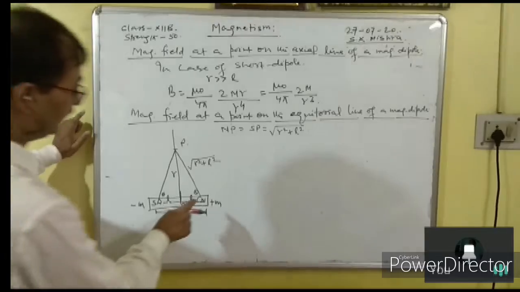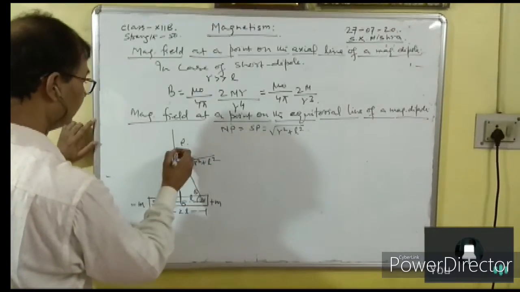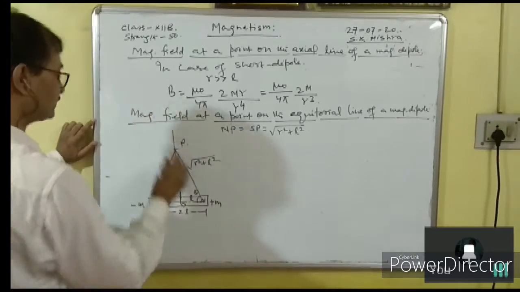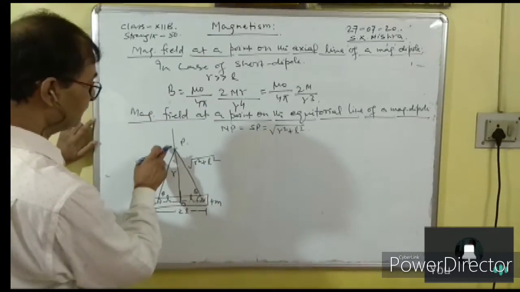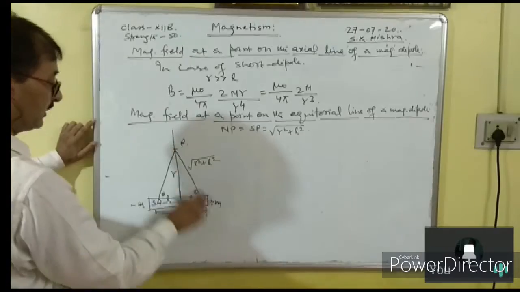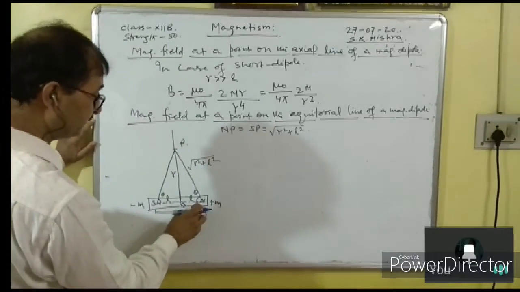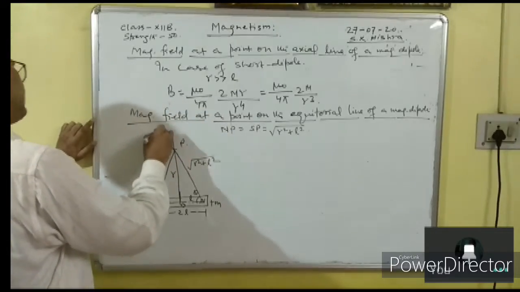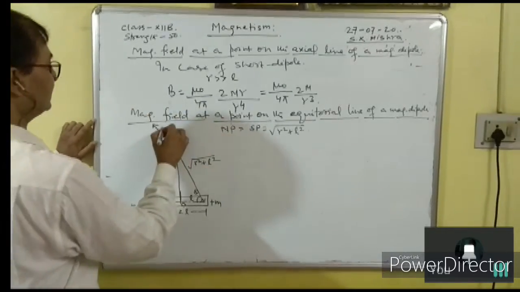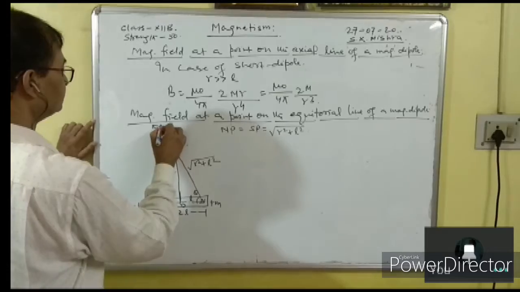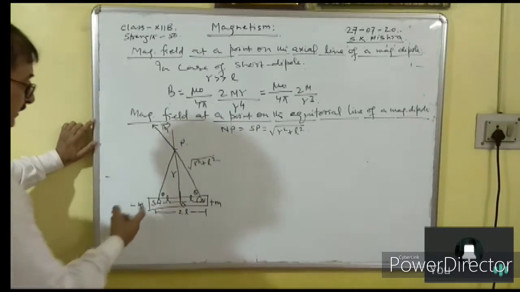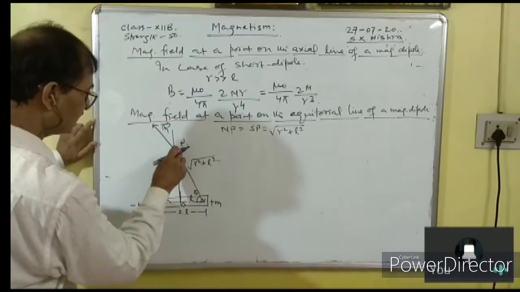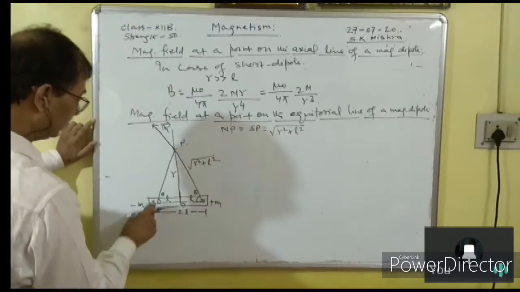That p stands for electric dipole moment. But here m stands for magnetic dipole moment. So only the change lies in the constant, and instead of P we are writing M. P is Q into 2L, here M is small m into 2L. That much difference. So if you have done it in electrostatics, you can do the same thing for magnetism also. Not tough. Very easy.